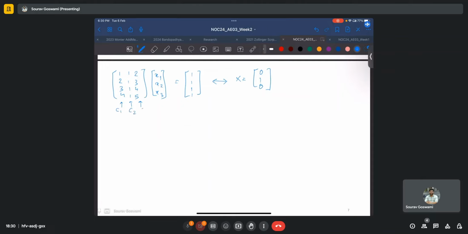If I label them as C1, C2, and C3, you will notice that C1 plus C2 equals C3, or C3 minus C2 equals C1, or even C3 minus C1 equals C2. So any two are independent, but one column is always dependent.